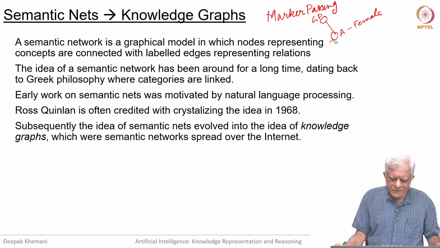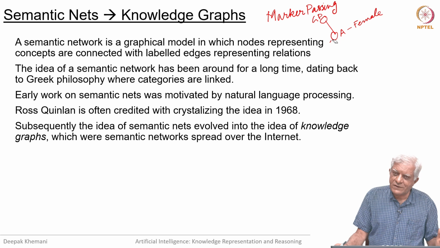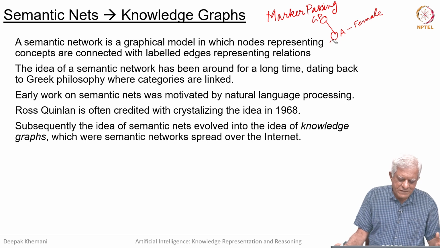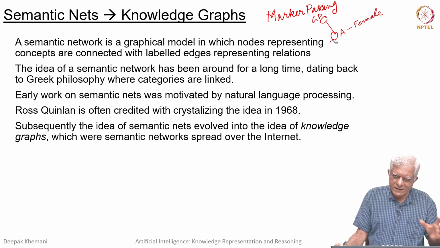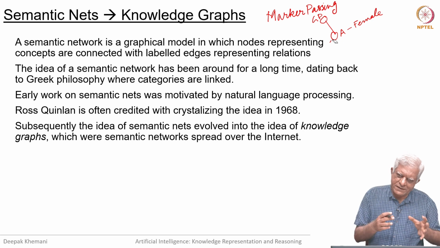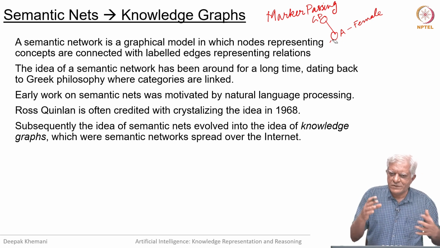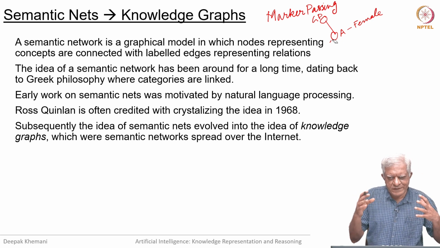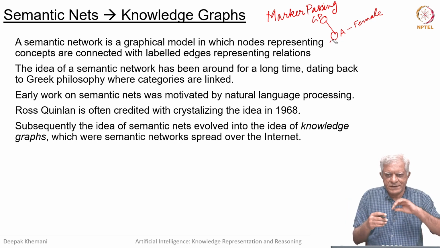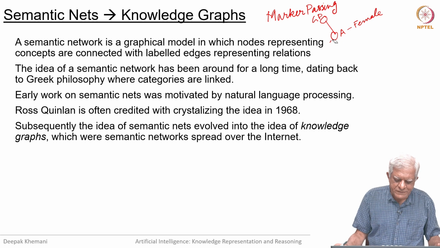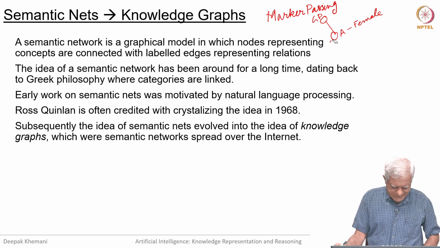Subsequently, the idea of semantic nets evolved into the idea of knowledge graphs, which were semantic networks spread over the internet. So, when the internet came, then you could link different databases together and say this pointer is related to that element in that database and that kind of stuff. And so, we had this idea of knowledge graphs.